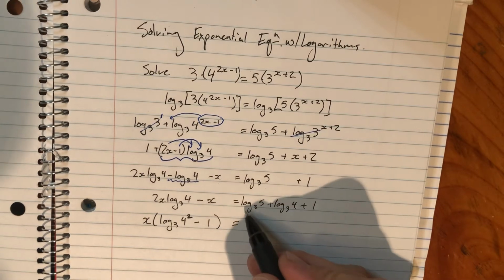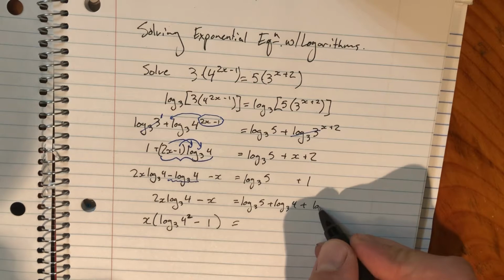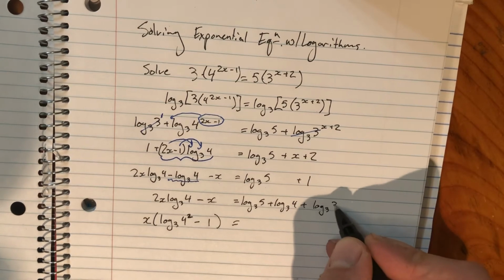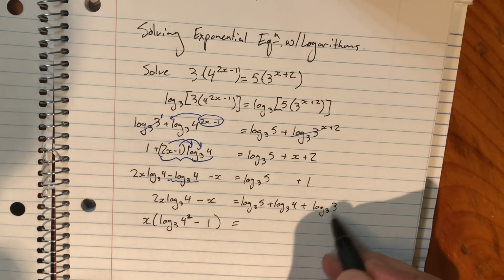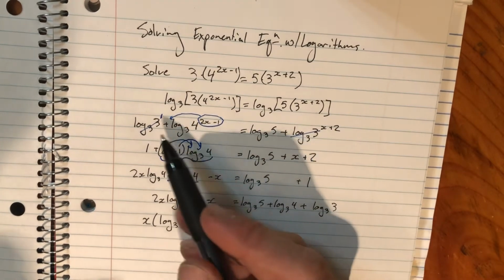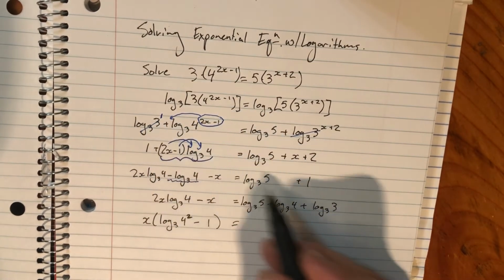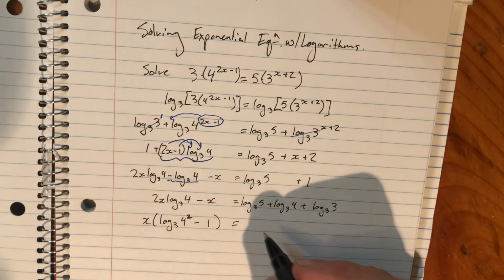And then now I'm going to use another property of logs to put these things together. In fact, I'm actually just going to rewrite this as log base 3 of 3 because I can write 1 as log base 3 of 3. That's how I got it down here. So maybe that was actually a pointless step, just made it easier for me to create my ones.